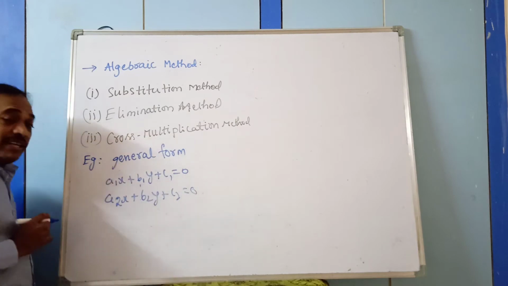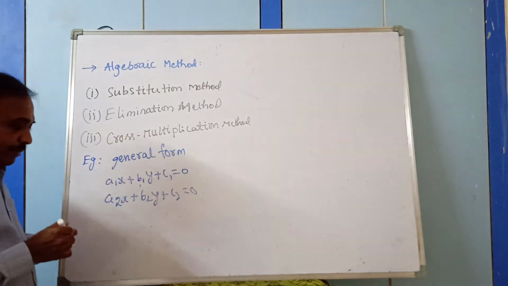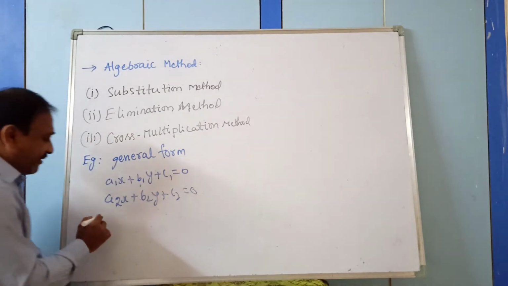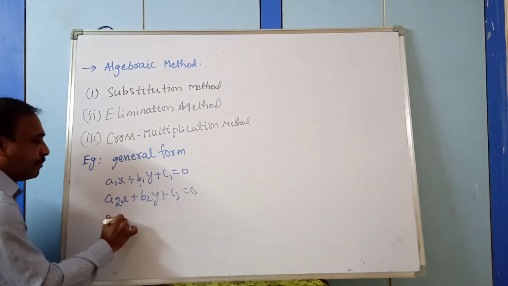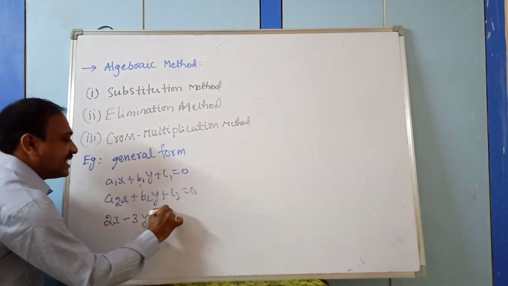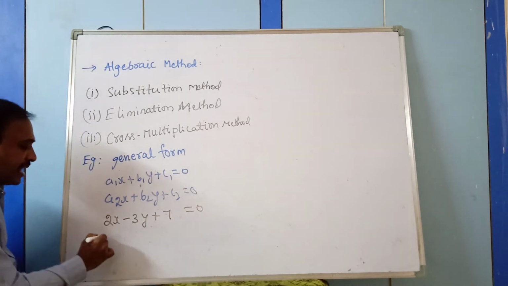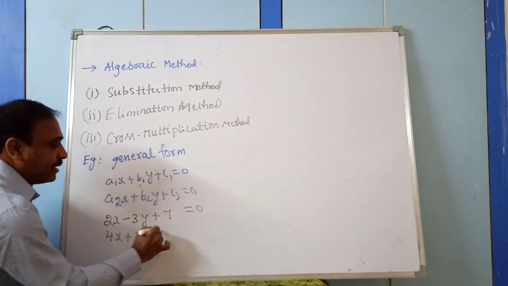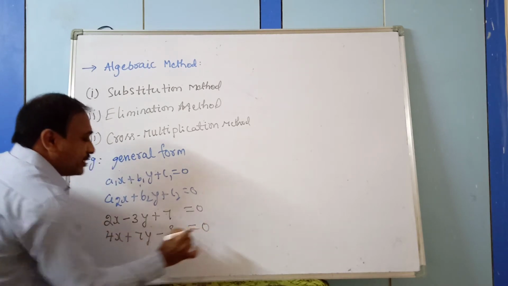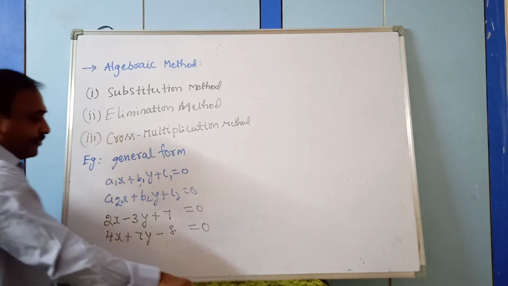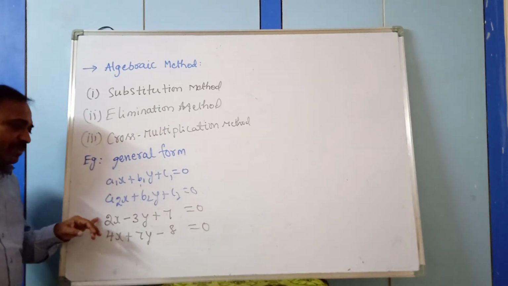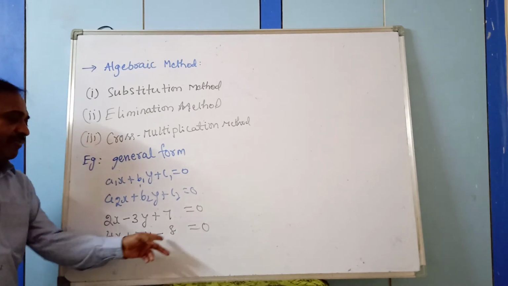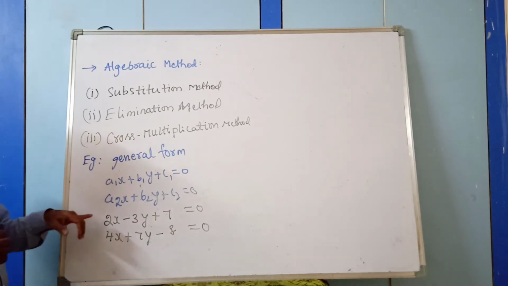These are the pair of linear equations in two variables. For example, 2x minus 3y plus 7 is equal to 0 and 4x plus 7y minus 8 is equal to 0. The first equation is 2x minus 3y plus 7 equal to 0, and the second equation is 4x plus 7y minus 8 equal to 0.